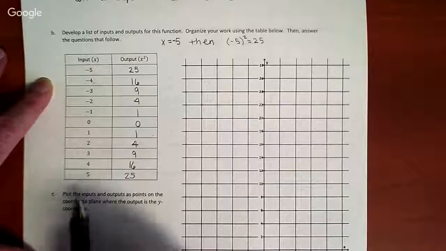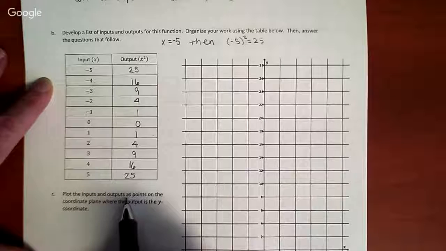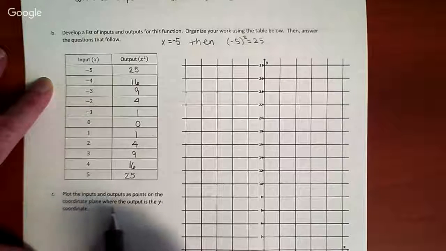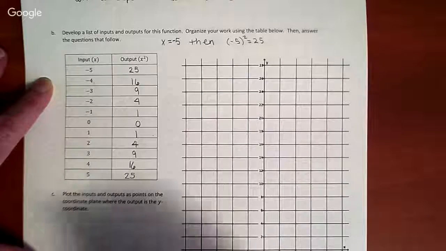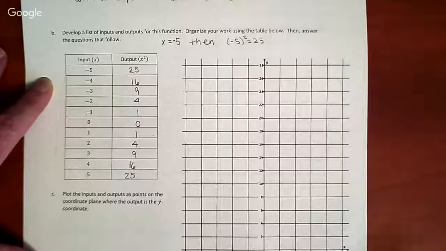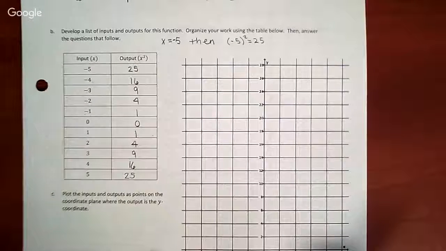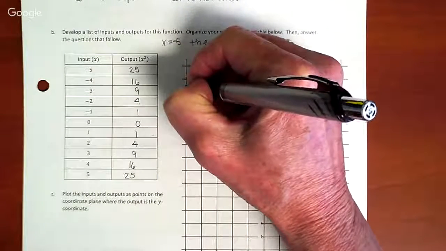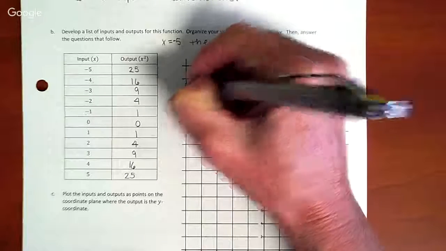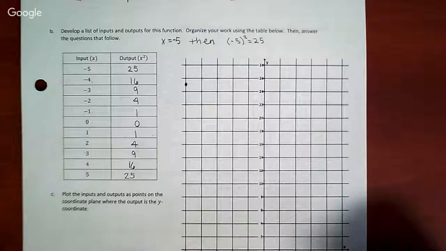It says plot the input and output as points on the coordinate plane where the output is the y coordinate. So now if I were to put these on the table here, we have -5 and 25, which would be right here. Then I have -4 and 16.